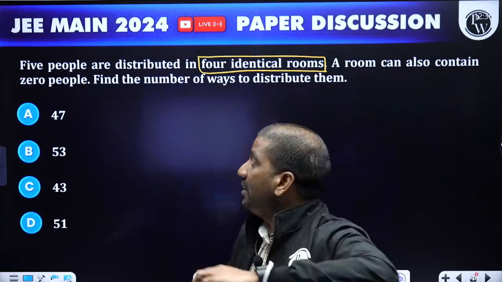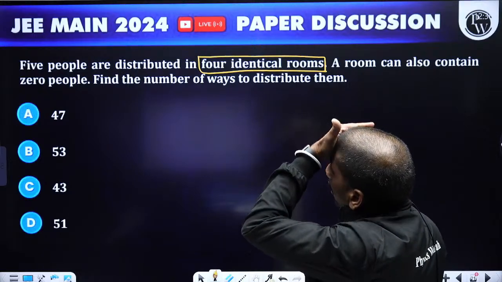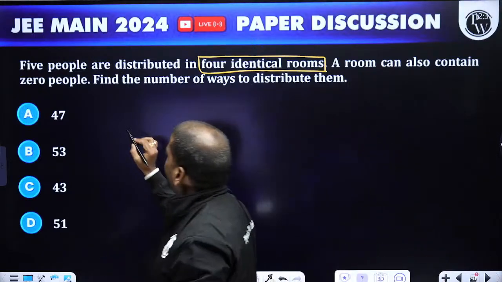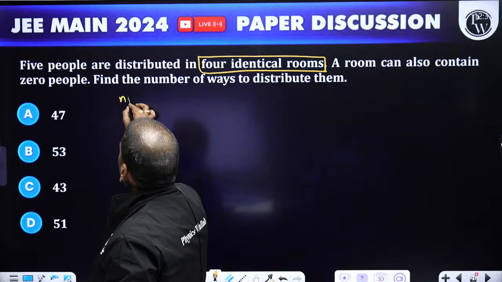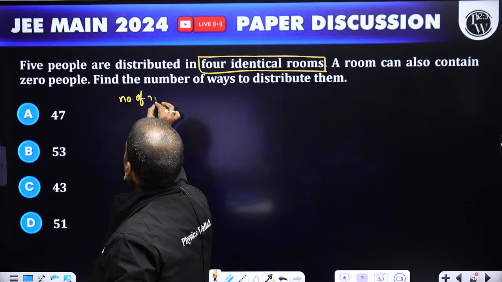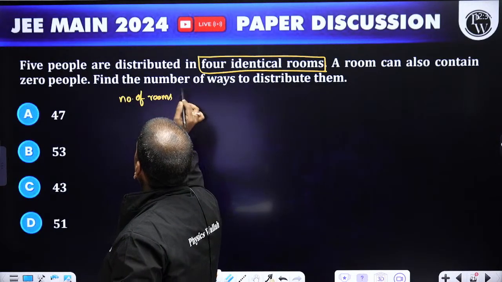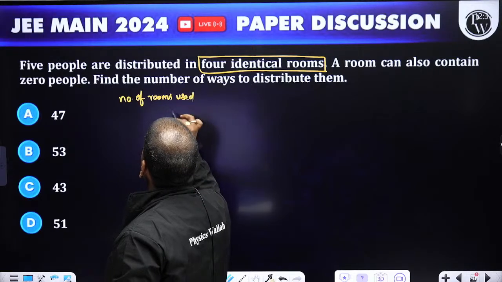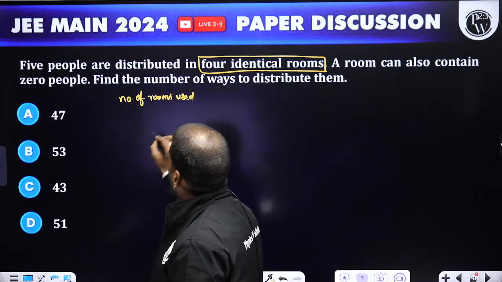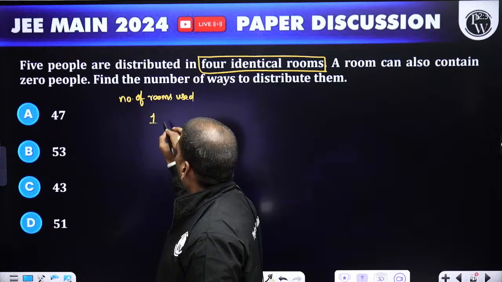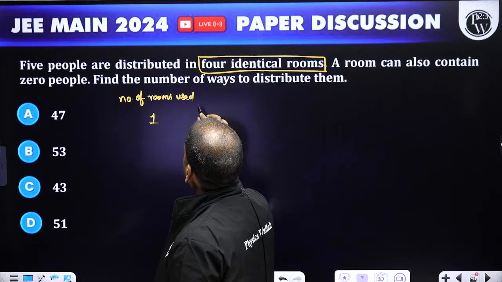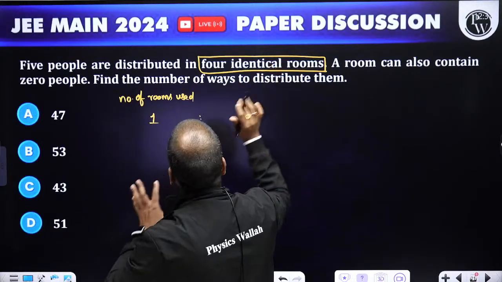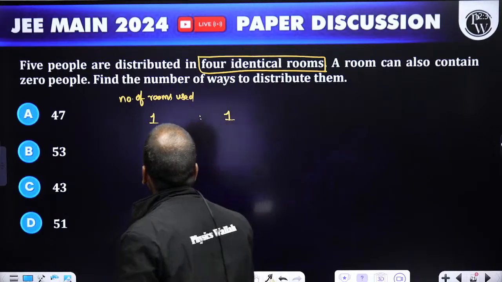Okay, so in such cases, 4 identical rooms. The number of rooms used, I will take the simplest way to count these cases. Number of rooms used: only 1 room. So then how many cases? All 5 people went to the same room, so that is only one way.